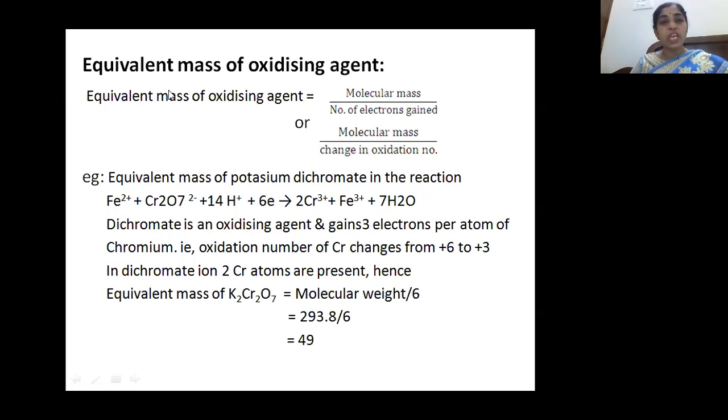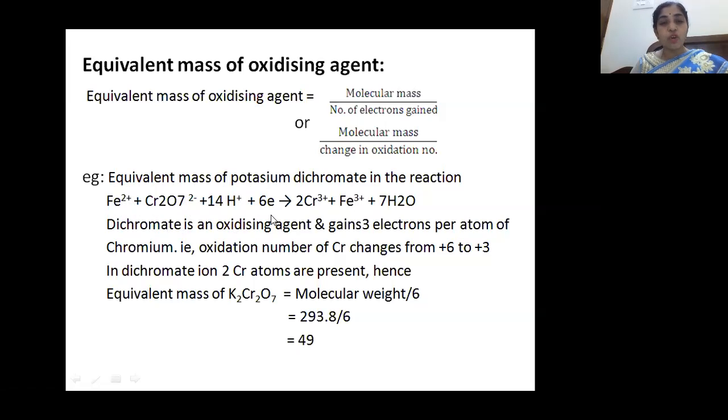Let us pass on to equivalent mass of oxidizing agents. It is given by molecular mass by number of electrons gained, or molecular mass by change in oxidation number. Let us look into one example. Equivalent mass of potassium dichromate in this reaction. If you take ferrous sulfate, Fe2+, it is the reducing agent, and potassium dichromate is the oxidizing agent. Here, dichromate is reduced to chromium, Cr3+, whereas ferrous is oxidized to Fe3+.